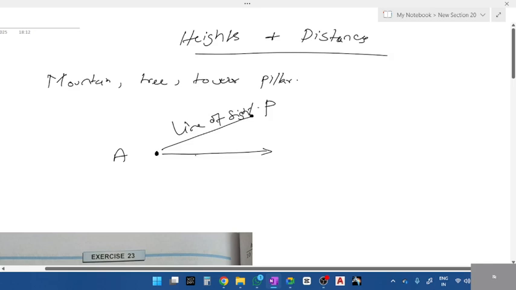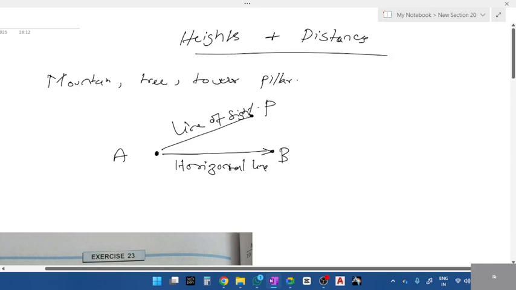Is it vertical or horizontal? Anything which is flat, we call horizontal line. Horizontal line is when you see an object straight to you, exactly in a straight direction. We say that object lies in the horizontal direction. It has to be exactly in a straight line.